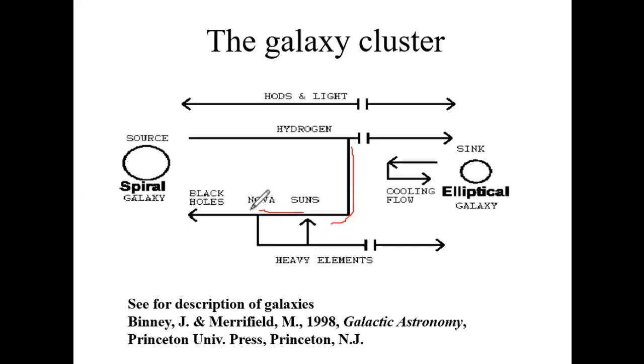A nova explosion does a couple things. One is a lot of the matter that's on the outside of the iron core of suns is ejected as particles, which are heavy elements, and these go over to the elliptical galaxies. Now, these heavy elements, rocks, are falling into elliptical galaxies, and they've traveled some distance, and they're under a force all the way, and therefore they come in very hot, very fast into elliptical galaxies.